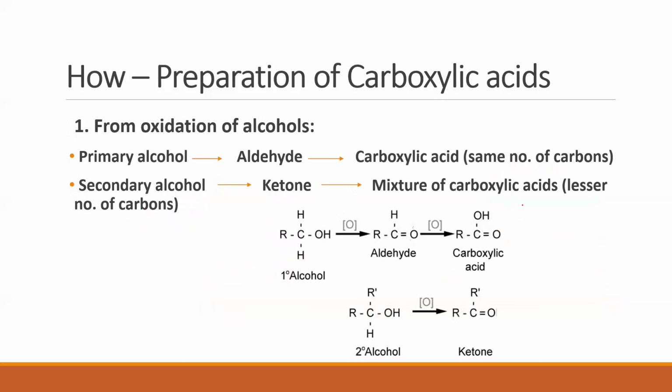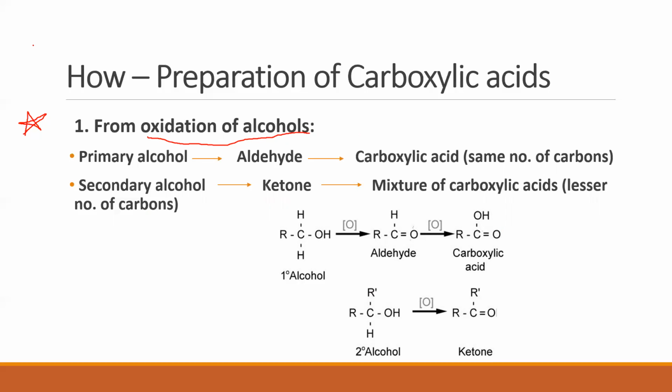All right. This leads us to the methods of preparation of the last set of compounds that we are going to study in this chapter, which are carboxylic acids. And this method is something that we've already studied in the previous chapter, alcohols. Remember, oxidation of alcohols. Here, we are studying this as a method of preparation of carboxylic acids.